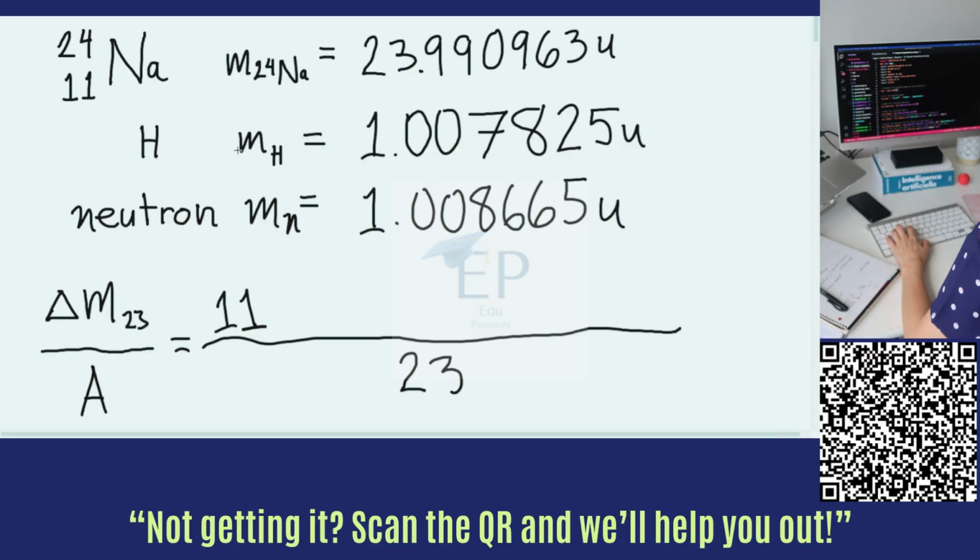I'm multiplying by the mass of hydrogen, because hydrogen atoms include those electrons that we need to account for. So 11 times the mass of hydrogen plus the mass of 12 neutrons.